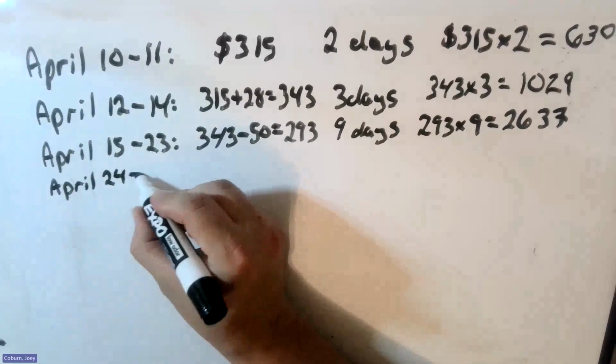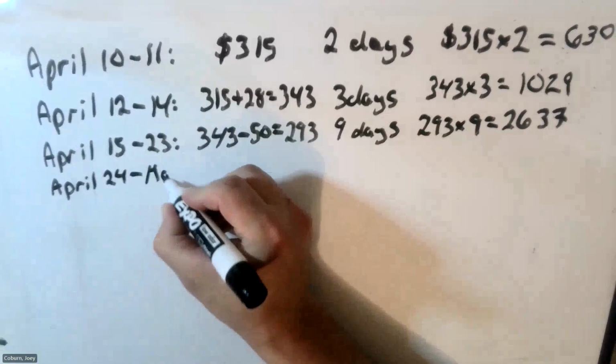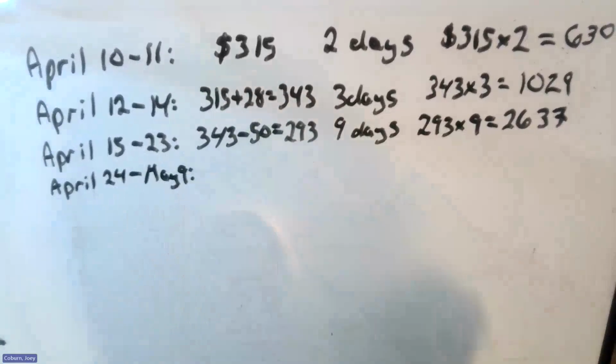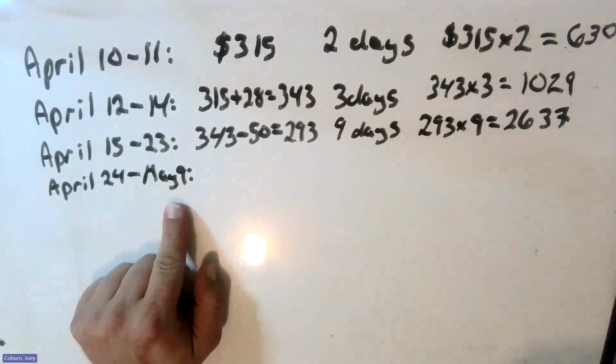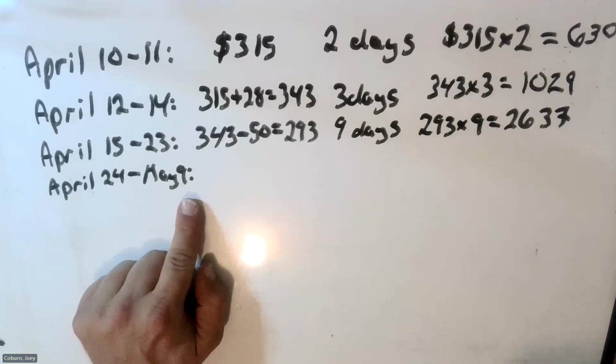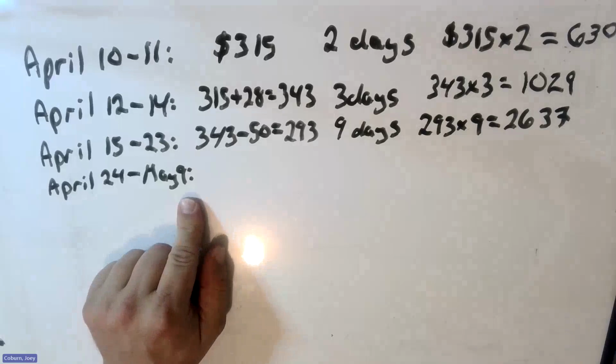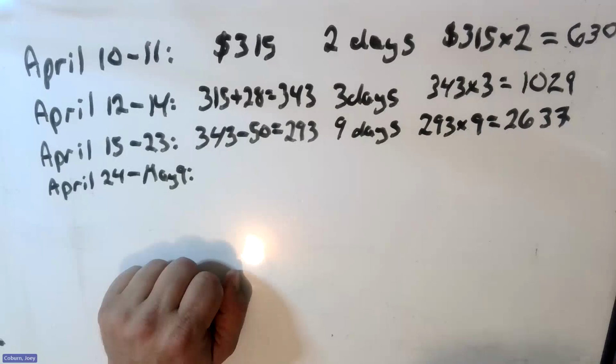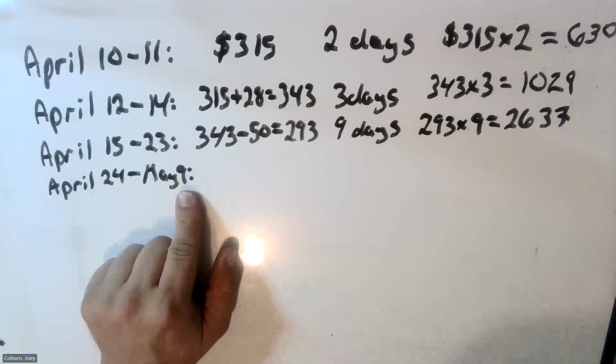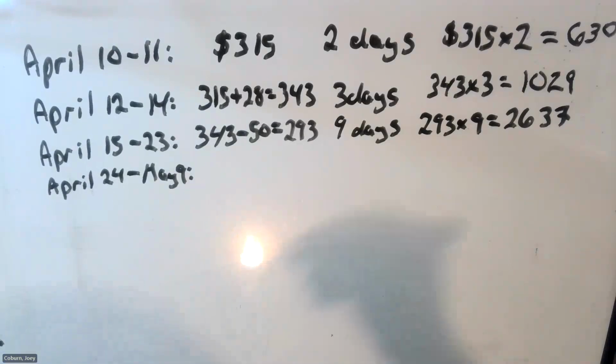And this will go all the way to May 9. Now, what's important with these kinds of questions, you want to be careful. They don't include the May 10th in this case. So May 10th is when something's going to change, that's the end of the pay period, but we won't include the 10th. But we are going to include the 9th.